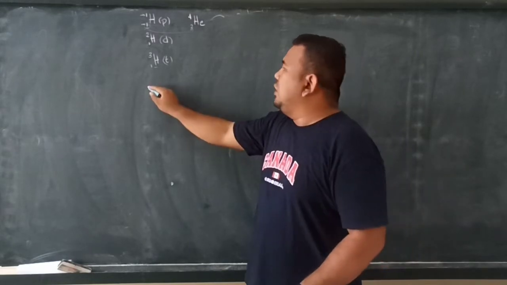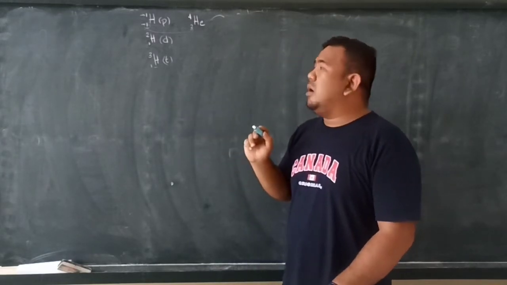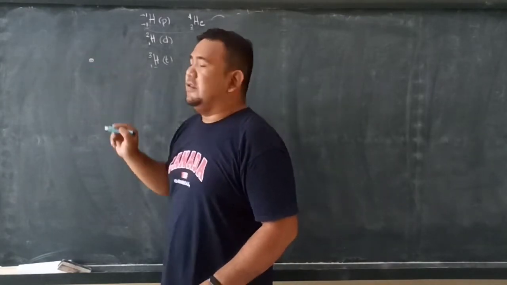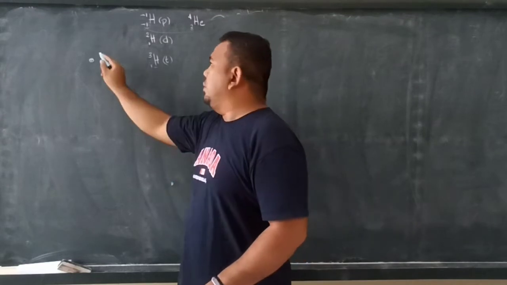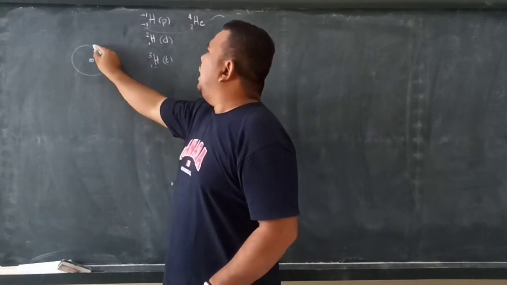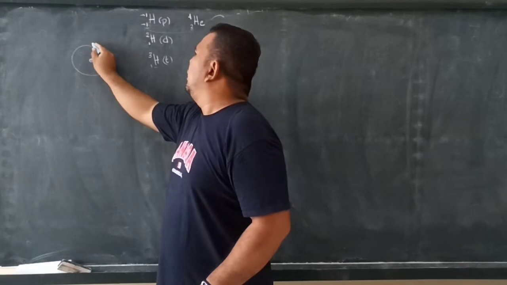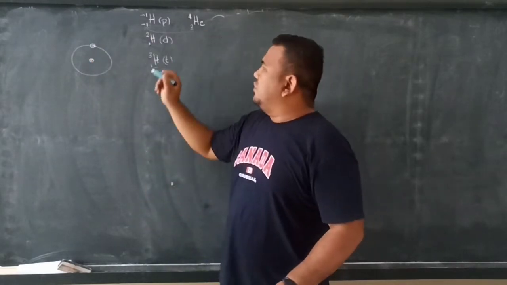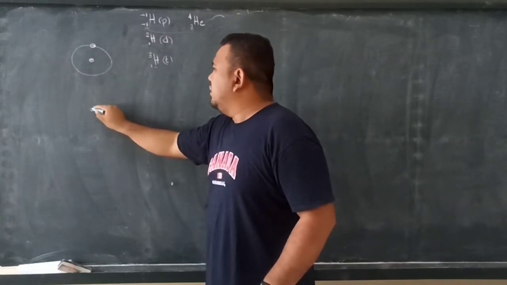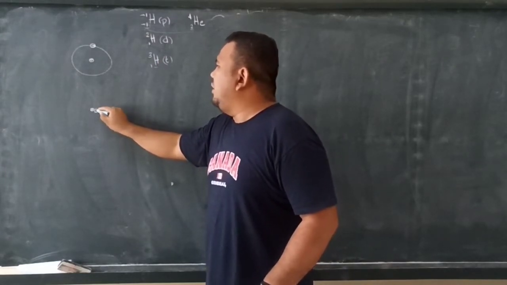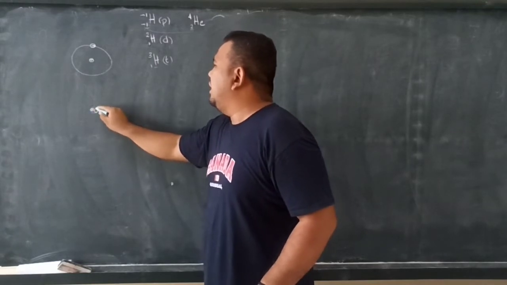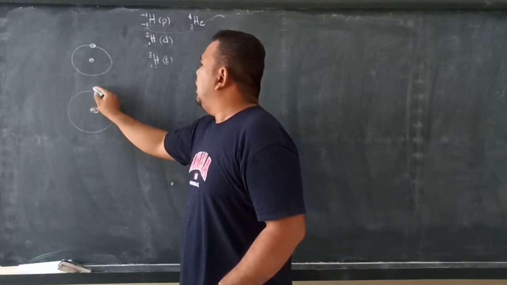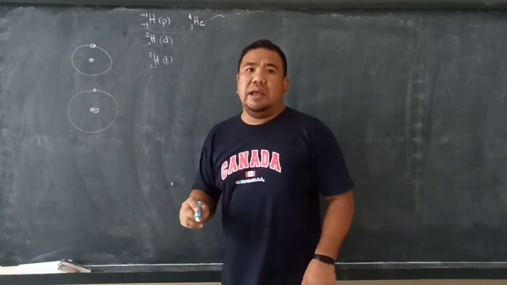So, first, let us try to remember in our chemistry that your hydrogen atom looks like this. 1 proton and 1 electron. So this is protium. Your deuterium here is 1 proton, 1 neutron inside a nucleus, then an electron outside.